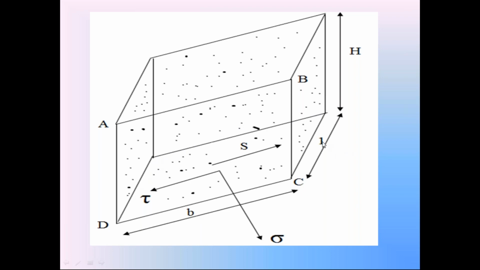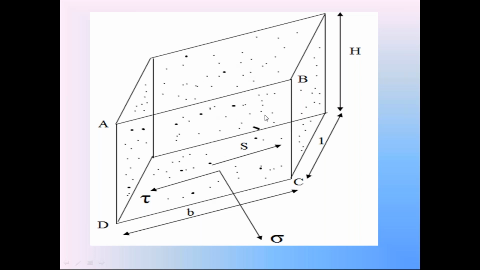The tangential component T produces the shear stress tau in the soil. That shear stress tau is equal to tangential component T divided by area of this base, B into 1. This shear stress is acting in downward direction. This shear stress causes the failure of this entire soil mass. So this is the shear stress causing the failure.